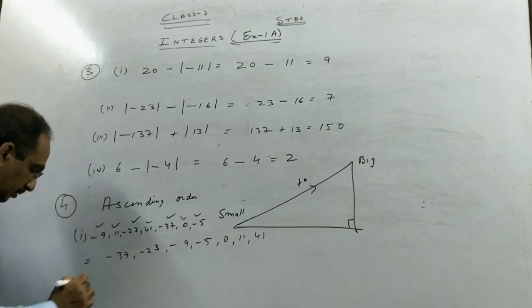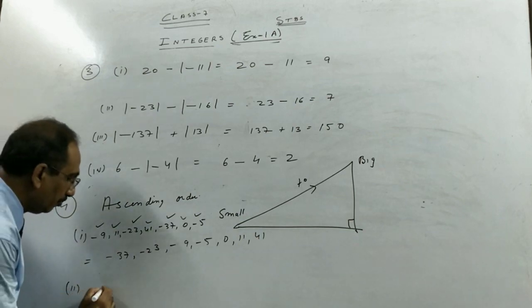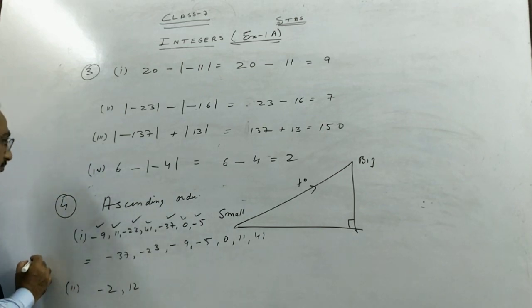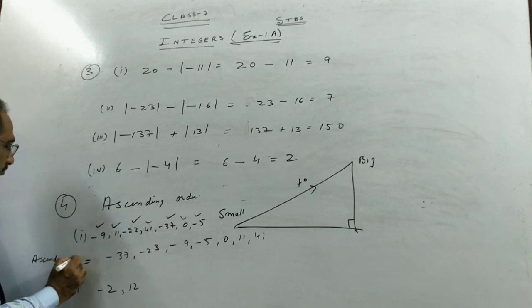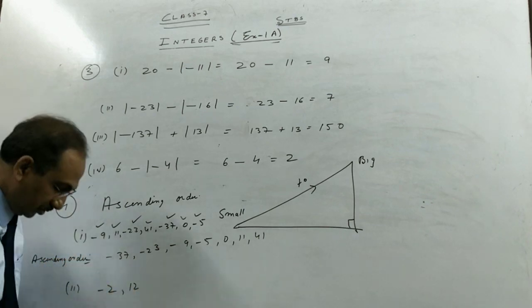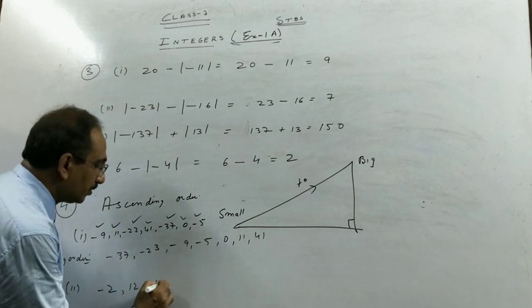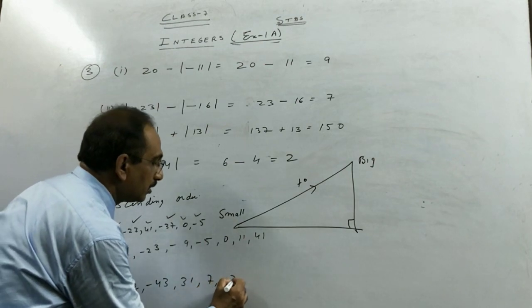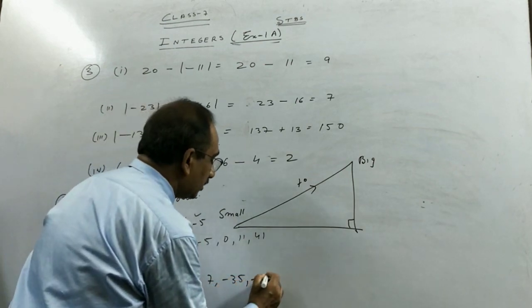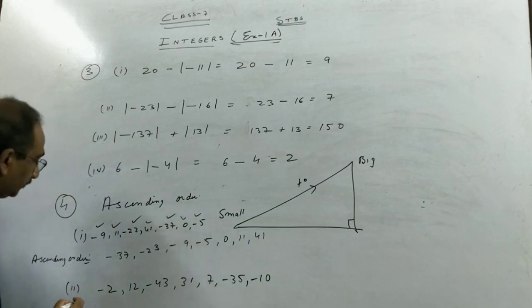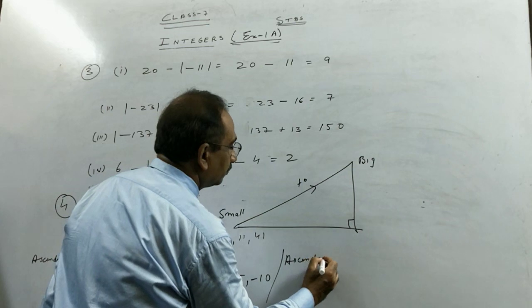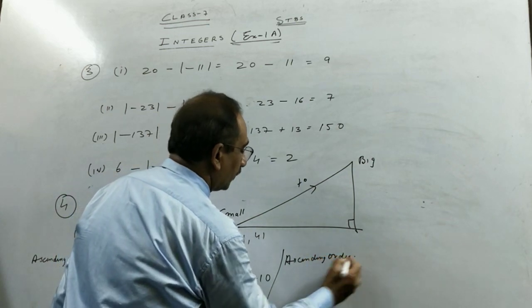Next question is minus 2, 12, minus 43, 31, 7, minus 35, minus 10. So in ascending order, what do we get?